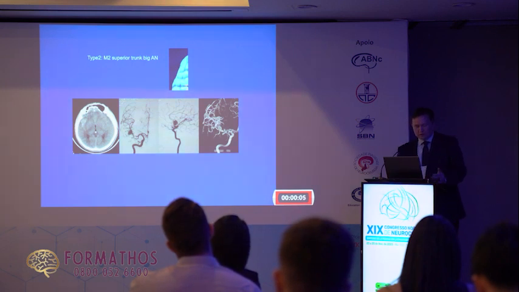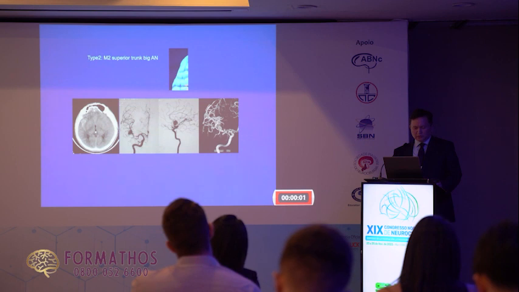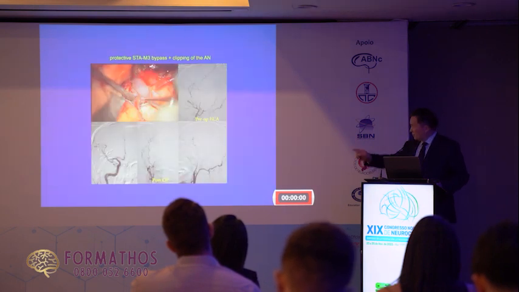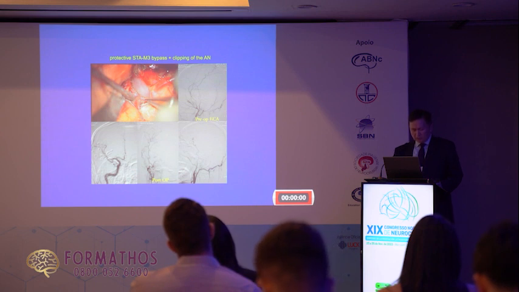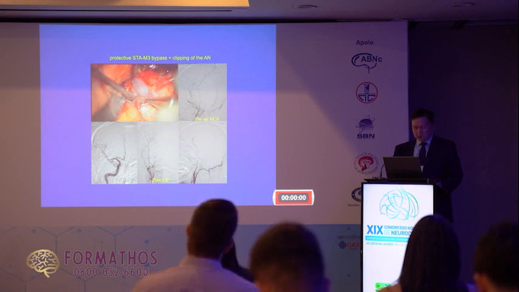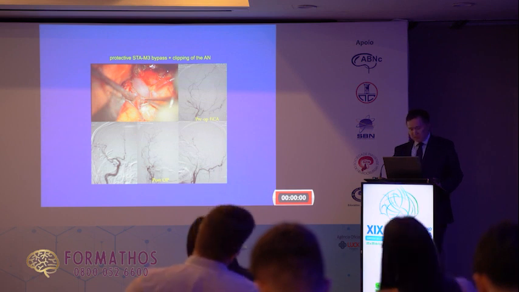So this is the distal type 2, M2 superior trunk giant aneurysm. You can see how big the aneurysm dome is. Actually, this patient, I finally reshaped the vessel cavity of the superior trunk, but it needs time, so I do the protective bypass at first.